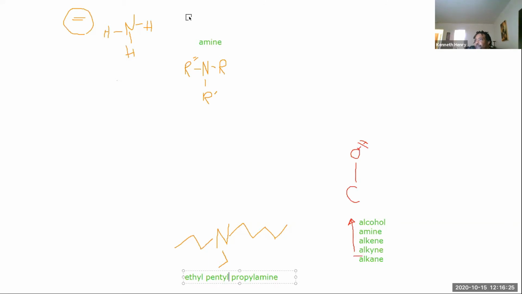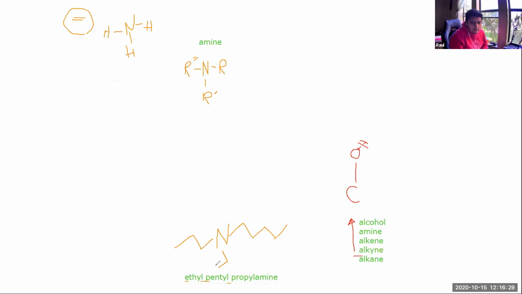Let's say we had this. And then we'll do this. 1, 2, 3, 4, 5, 6, 7, 8.